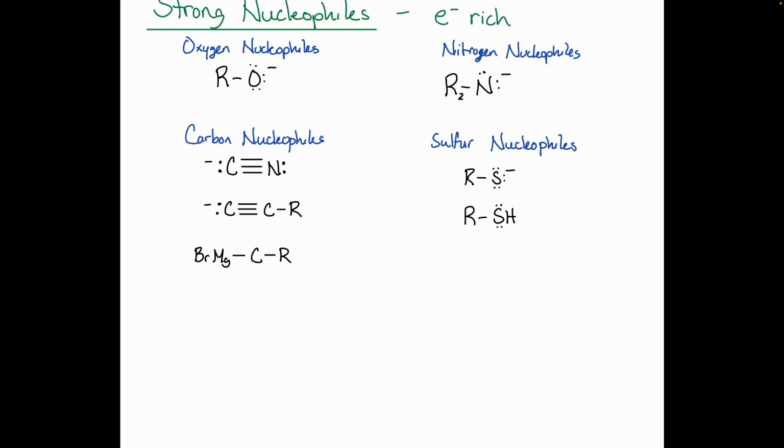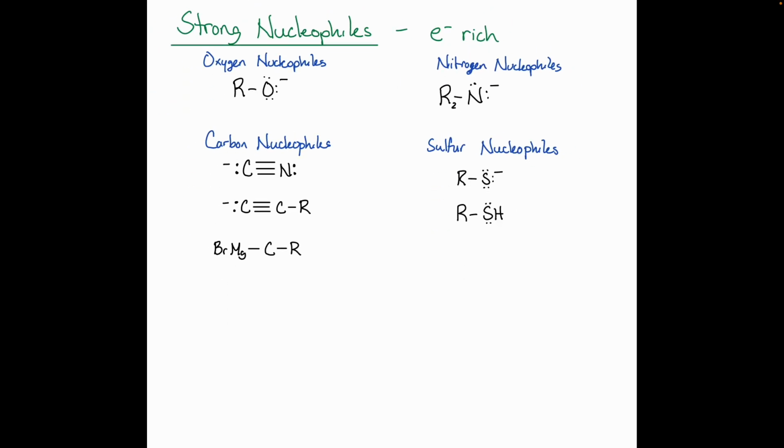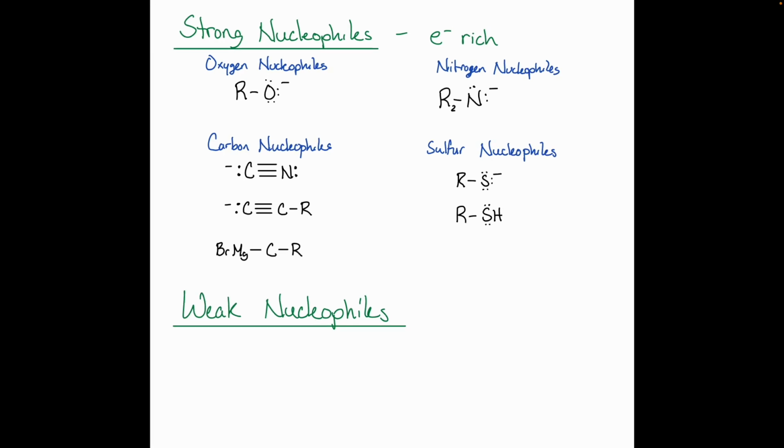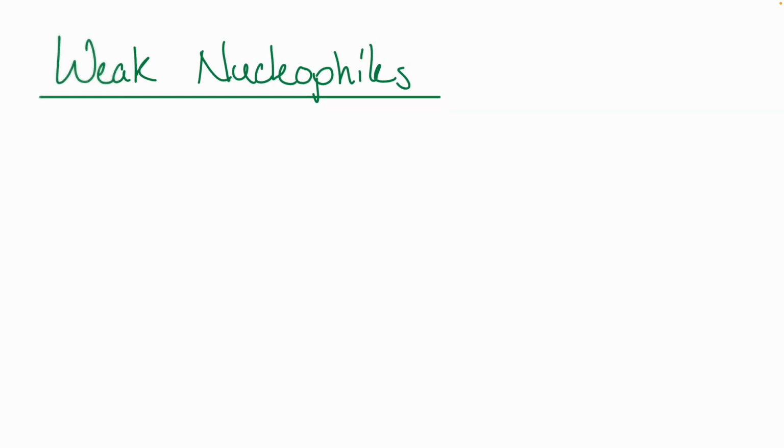All right, so then let's put in this same list here so that we can compare and contrast what our weak nucleophiles are. Again, if we're looking at oxygen nucleophiles, but we're talking about weak ones, these are simply oxygen nucleophiles that are not quite as electron rich as our strong nucleophiles.